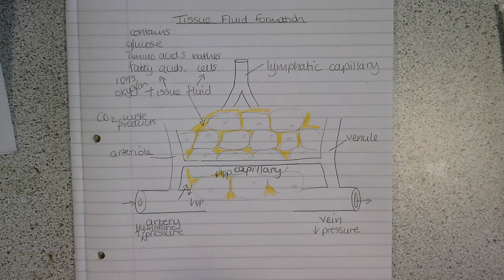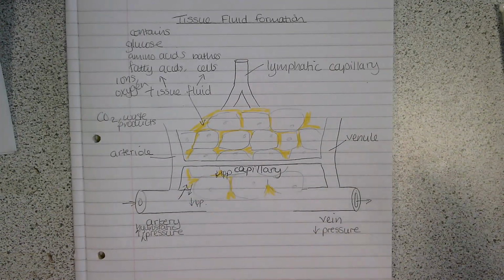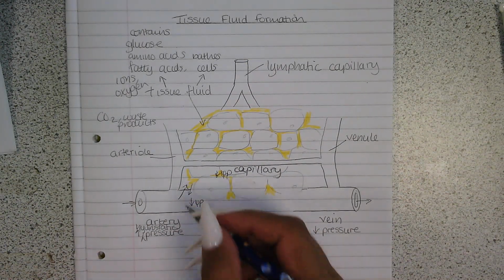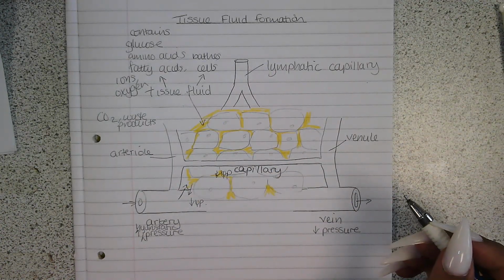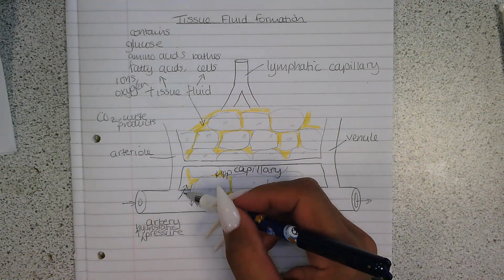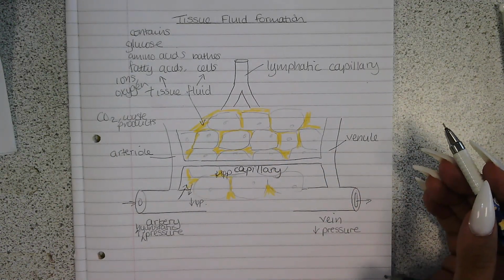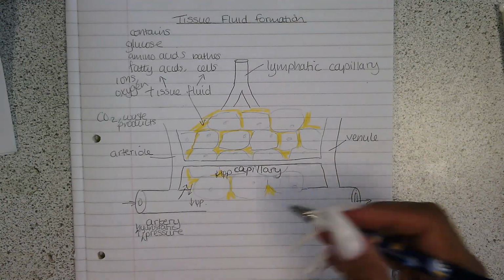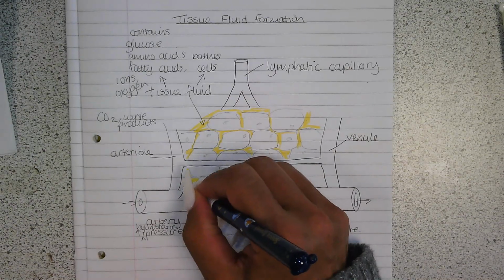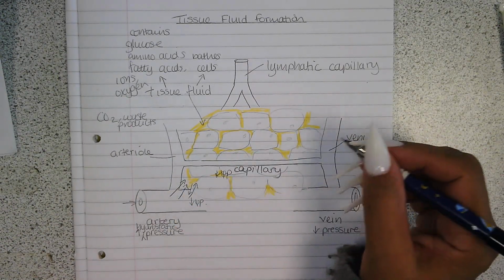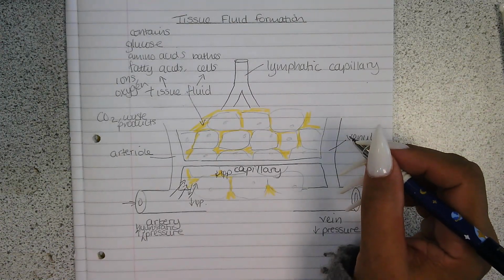Ultimately, taking into account the differences in these pressures, the hydrostatic pressure forces substances to move out of the blood into the tissue fluid. So those opposing forces are overcome. So the overall pressure pushes tissue fluid out of the capillaries at the arterial end.